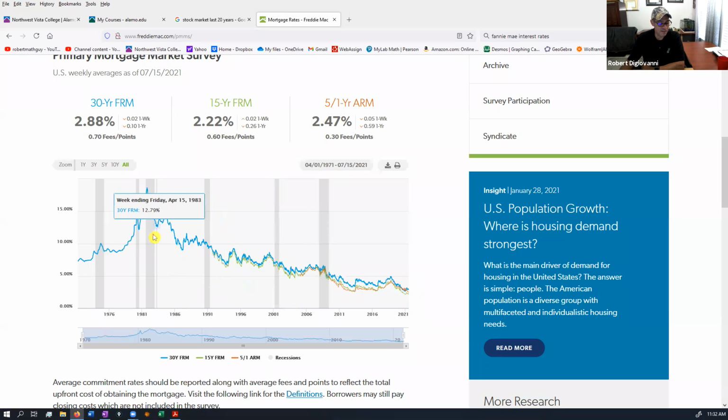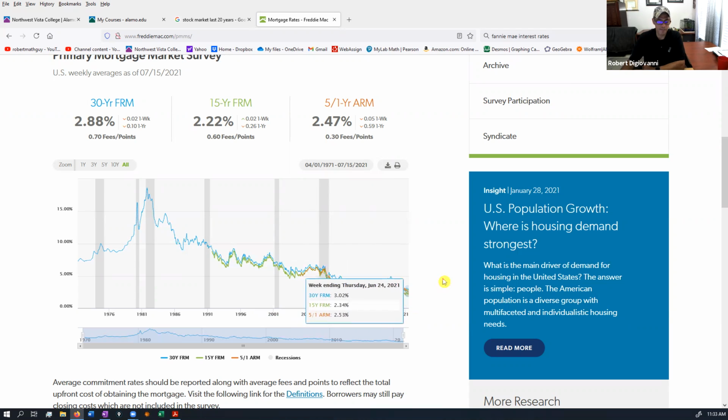Back in the 1970s, if you wanted to go buy a house, there was a time, let's see, 1981, interest rates 18%. That's like a credit card. That's how ridiculously high that interest rate is. So now it's at a little over 2%, right?